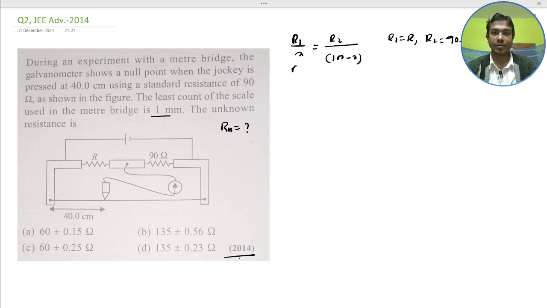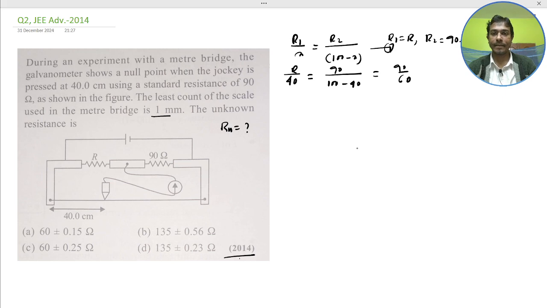So put this value: R by 40 is equal to 90 divided by 100 minus 40, that would become 90 by 60. So R is 60 ohm.